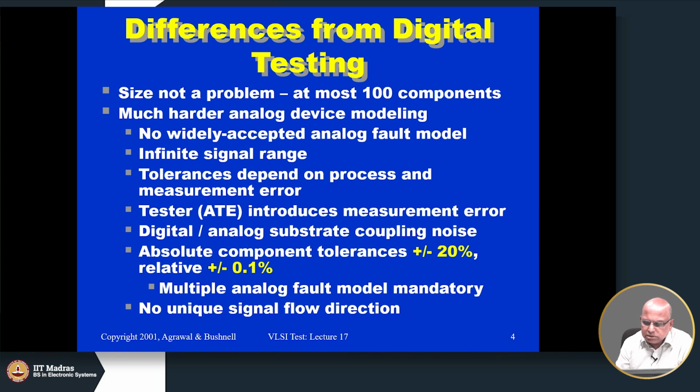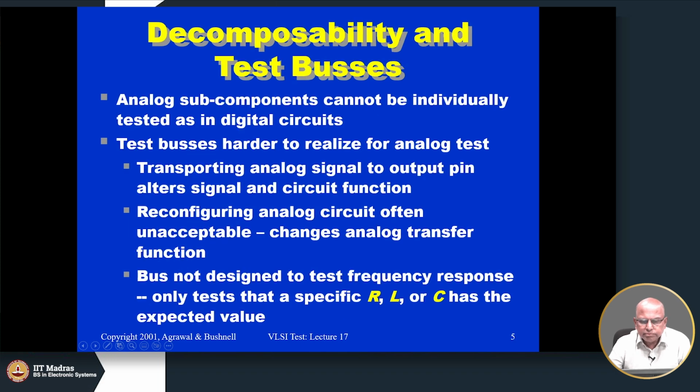And there may be noise. There may be what is called coupling that happens between the digital and the analog parts through the substrate. So, that also may be an issue. Then the components have tolerances, okay, and there is no unique signal flow direction, right, that is another problem.